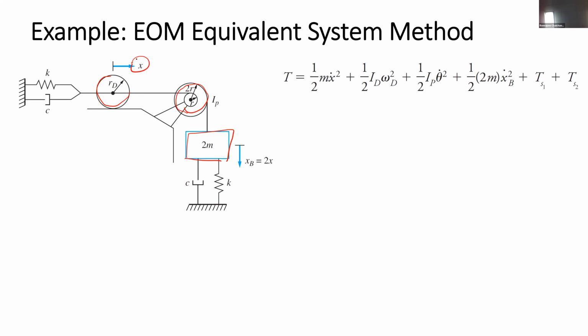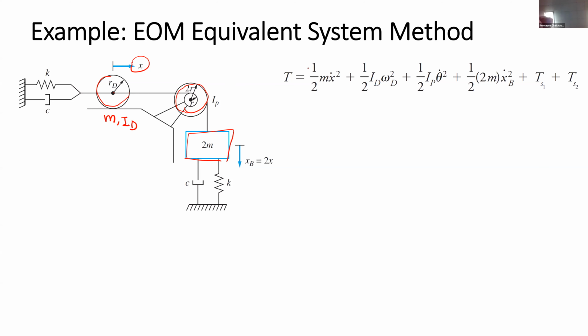We consider the kinetic energy of all the components. If we consider this one, the disk has mass m, radius rd, and the moment of inertia is Id.